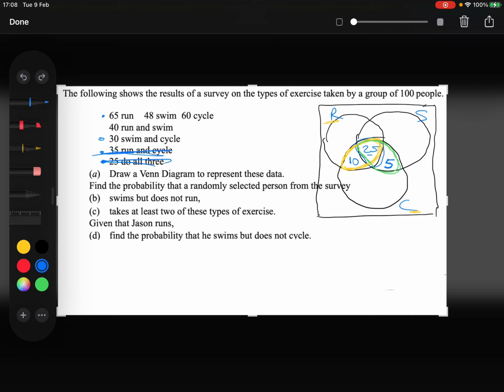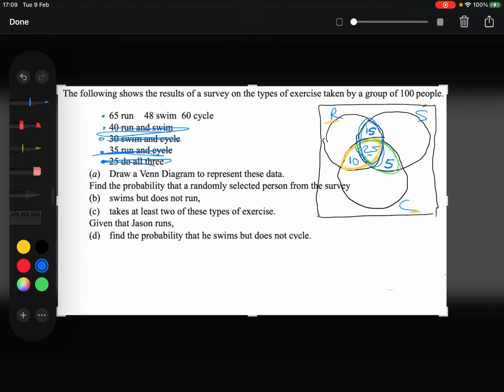Next, we know that there are 40 people that run and swim. So that's this section here, the running and swimming section. So that means that this bit must be 15, because 15 plus 25 is 40. So we've filled in all of those regions.